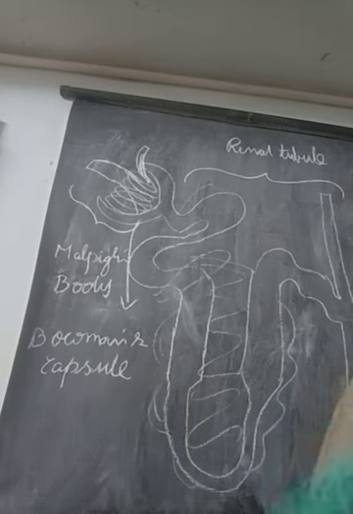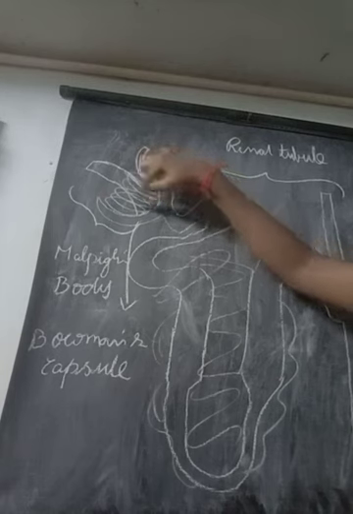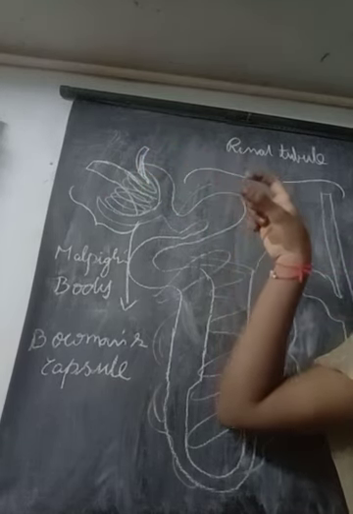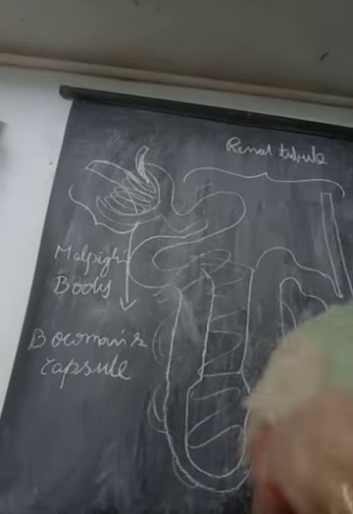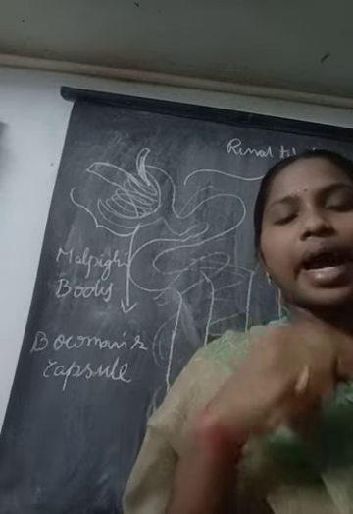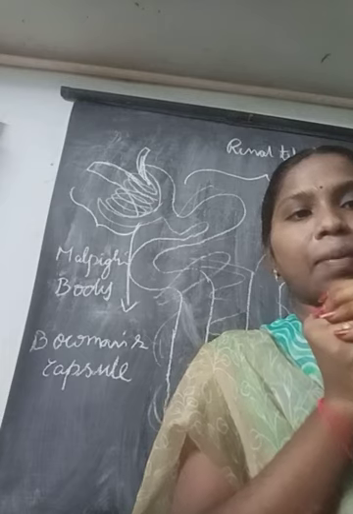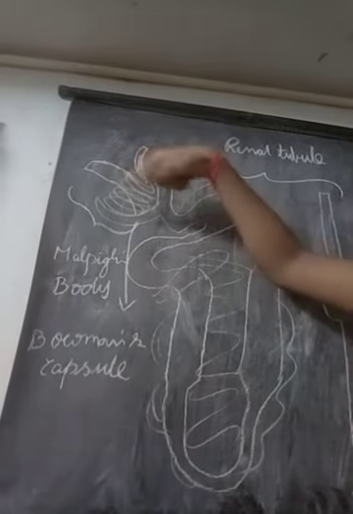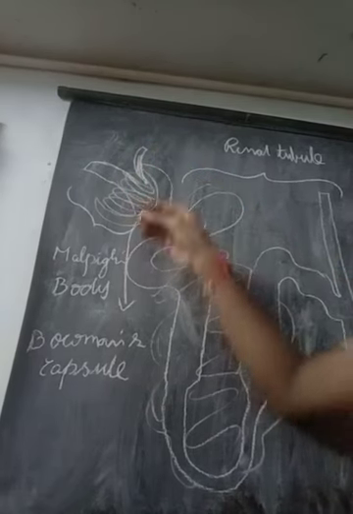Next, in the Bowman's capsule, are you able to see a bundle-like structure? That is nothing but a blood vessel. If you bind all the wires together and make a bunch, how will it appear? Same like that. A bunch of blood capillaries is embedded within the Bowman's capsule.